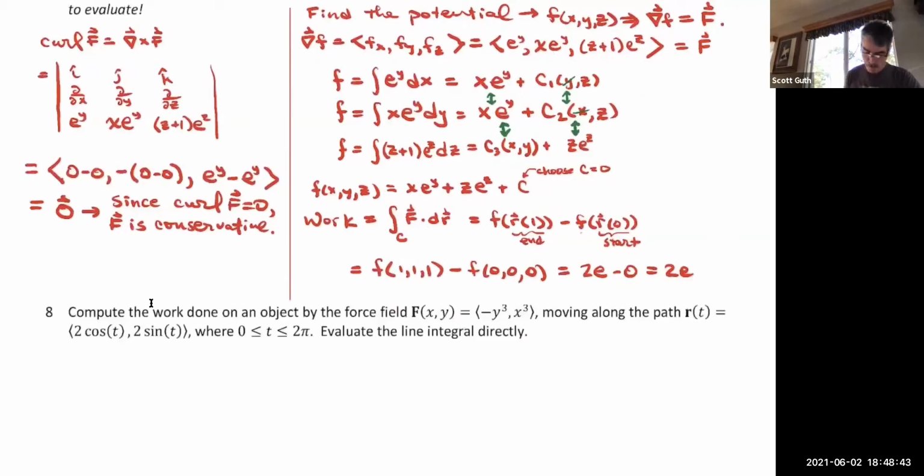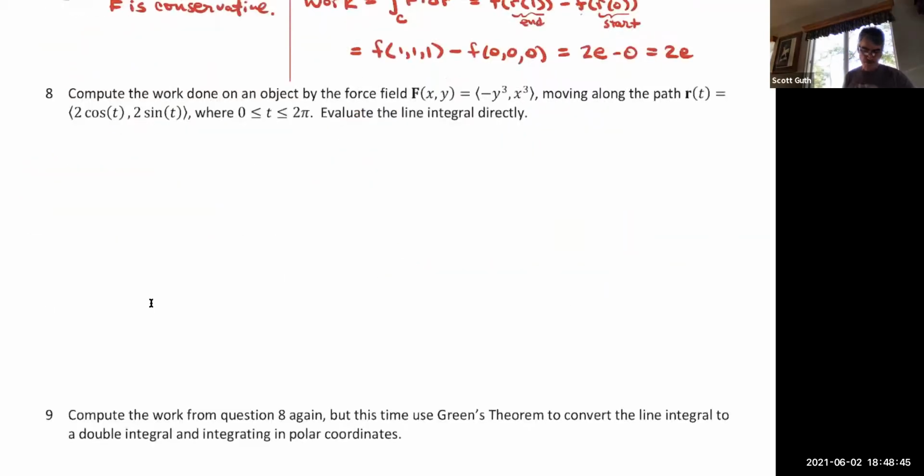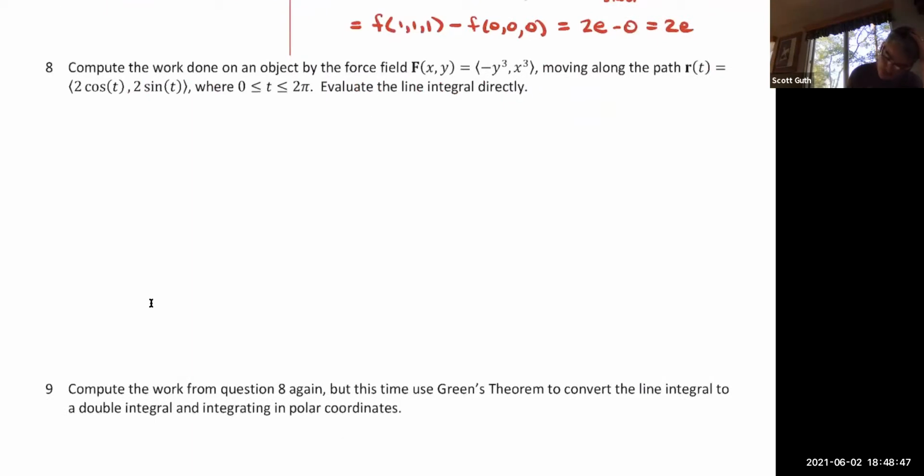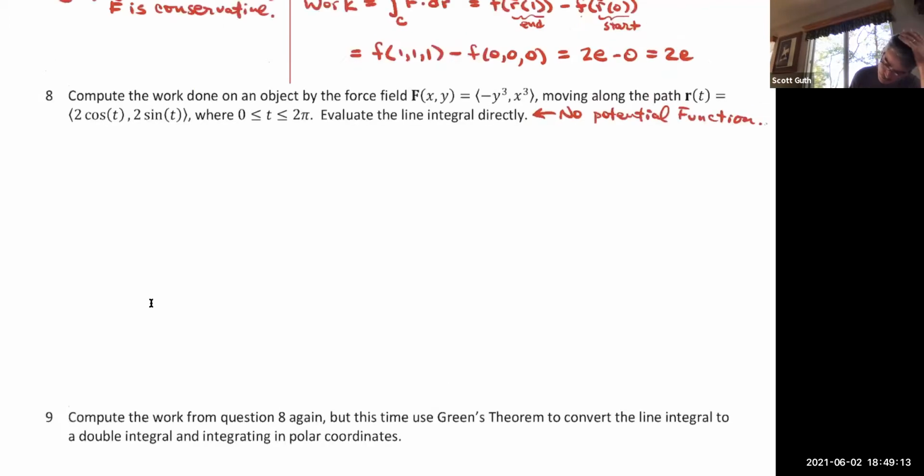Okay, let's go on. This one says to evaluate the line integral directly. So we're doing another problem where it's work. But this time we can't use the fundamental theorem of line integrals. So this one means there is no potential function. So you're just going to have to do this the hard way. We've got our field.